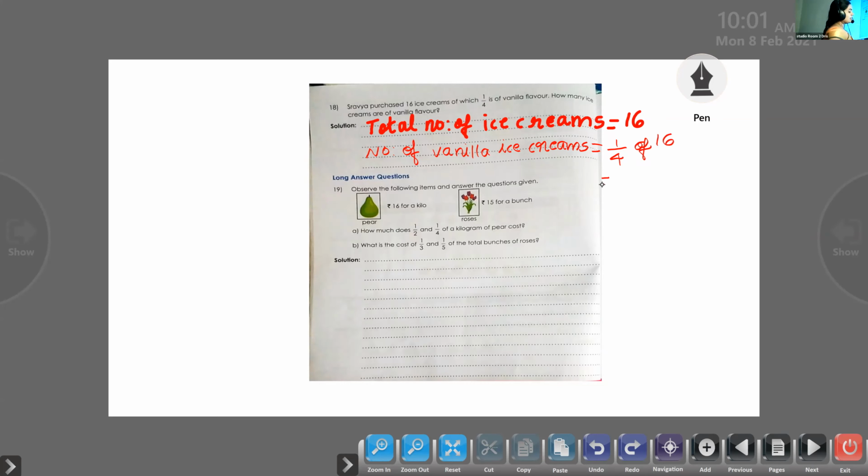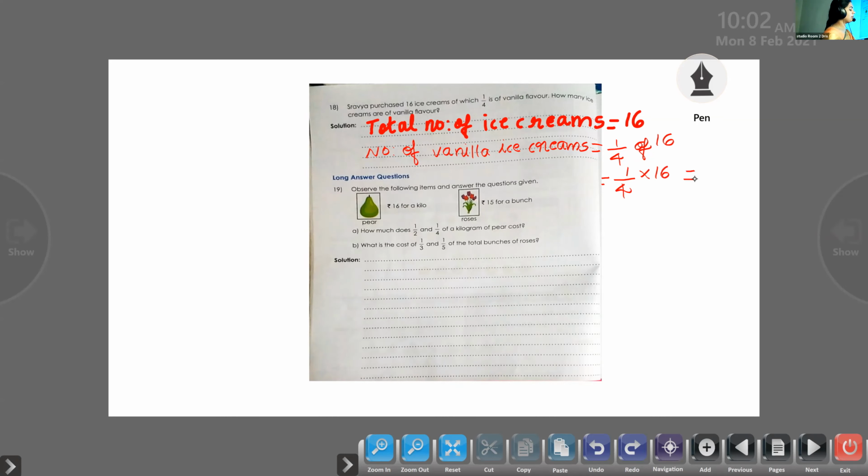That means try to find out yourself. 1 by 4 of 16. That means 1 by 4 into 16.